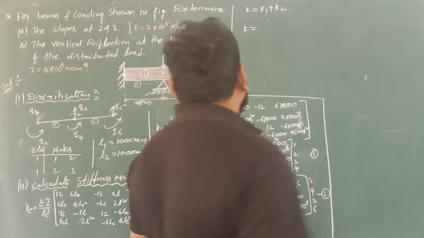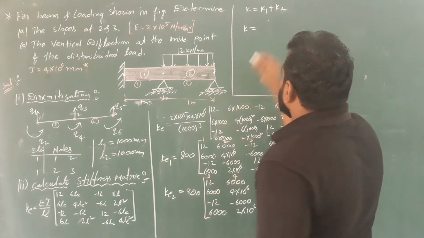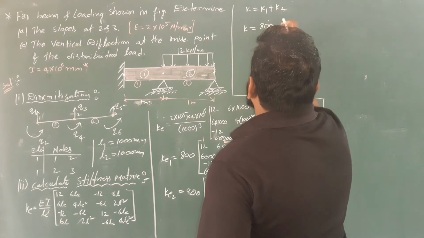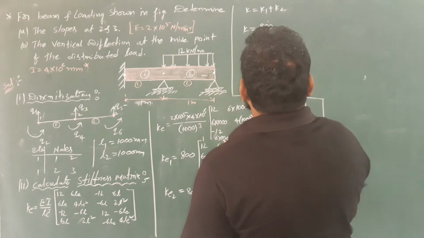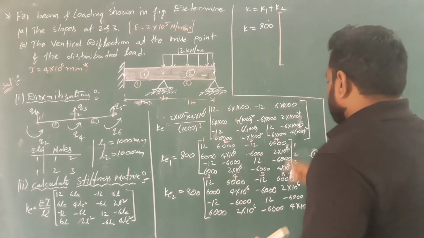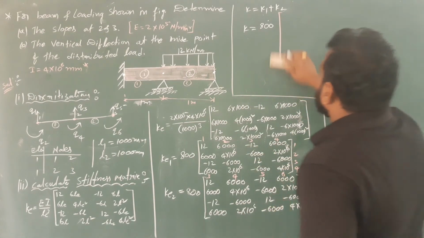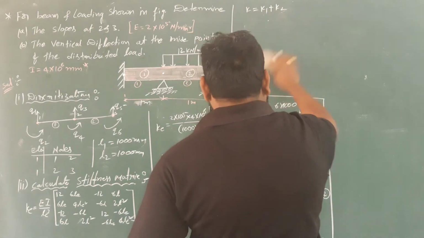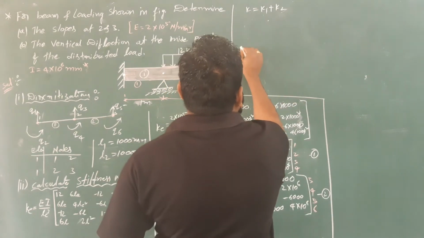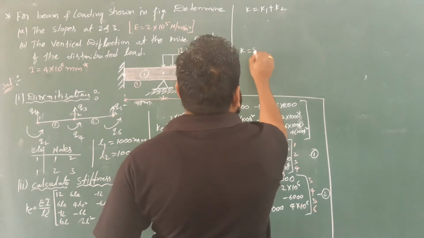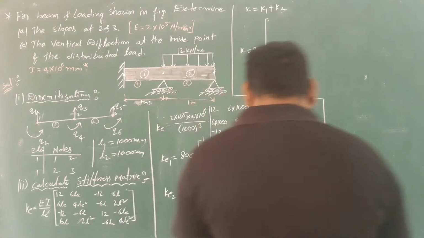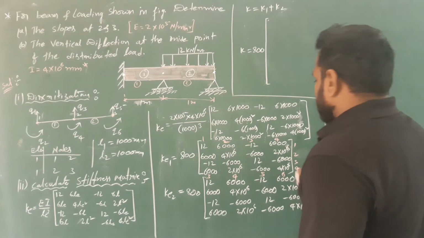So I will write this 800 outside, that is 800 into the matrix. First row, first element. It consists of a 6 by 6 matrix. So that's why I will write here 800 into a 6 by 6 matrix. We will get a 6 by 6 matrix. That's why I will separate it.